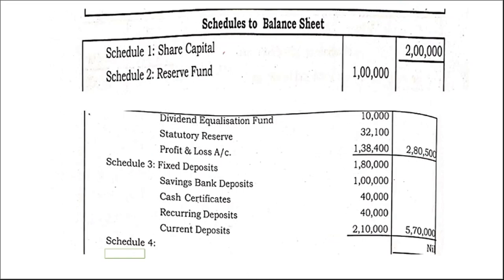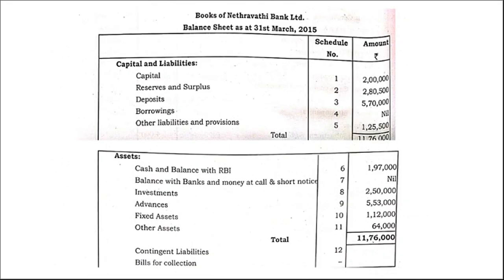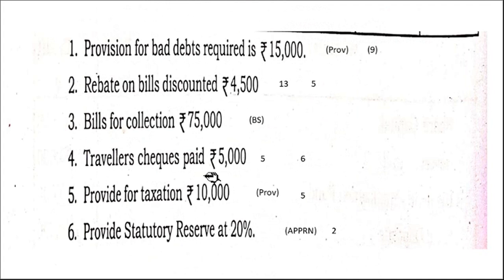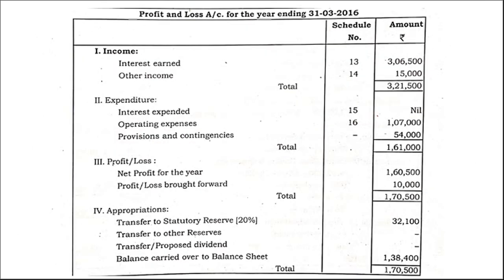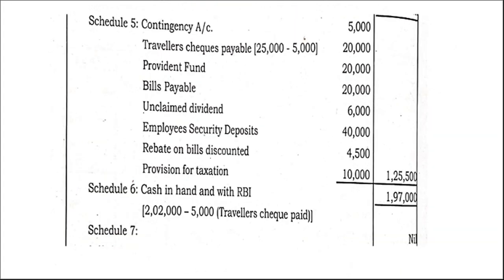Correct? See here traveler's check paid 5,000. So schedule 5 and 6. The same thing. Total traveler's check, how much we are supposed to pay? From that, okay, 25,000 we have to pay, 5,000 we paid. So traveler's checks remaining is 20,000.